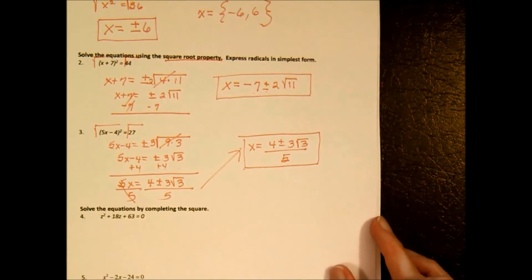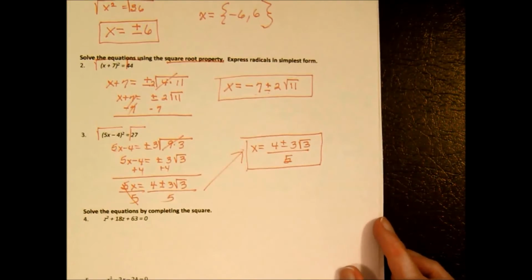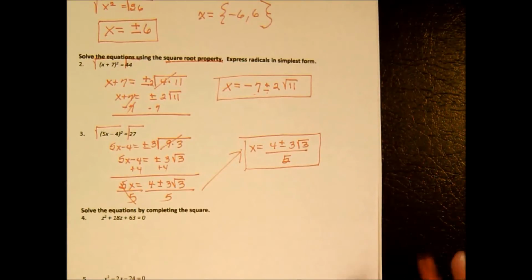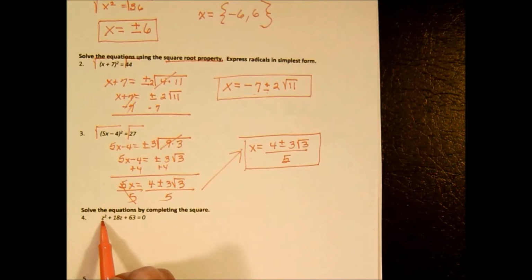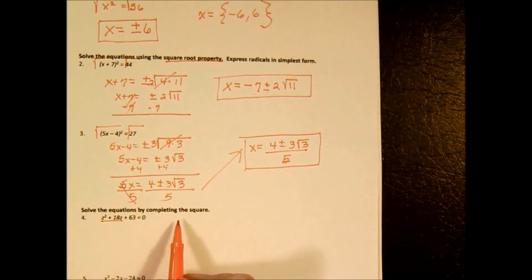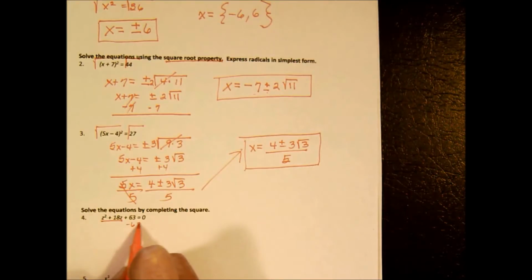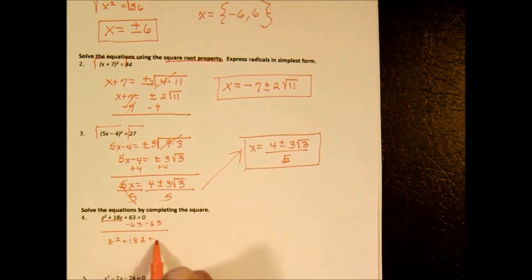Okay, on the next 2, we're asked to solve by completing the square. Now, when you complete the square, you want isolated just the variable pieces with the number on the other side. So we're going to subtract this 63. That gives us z squared plus 18z, and this is where you write plus some magic number equals -63 plus the same magic number.